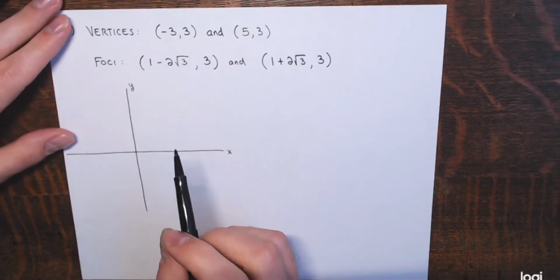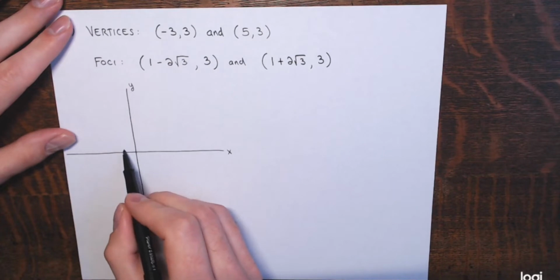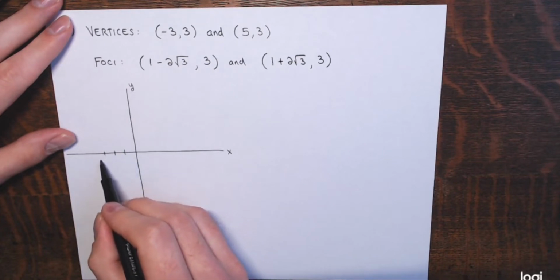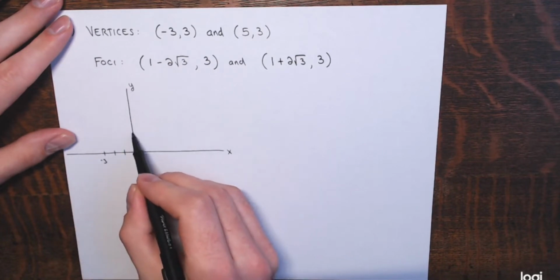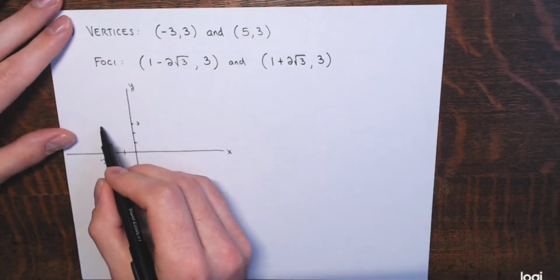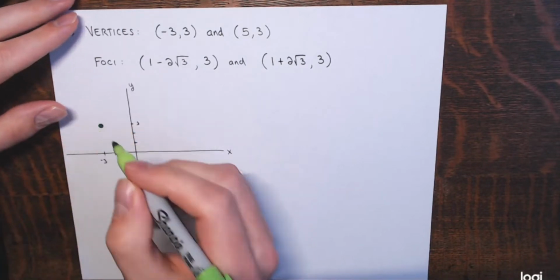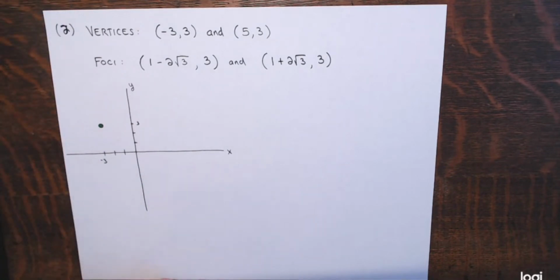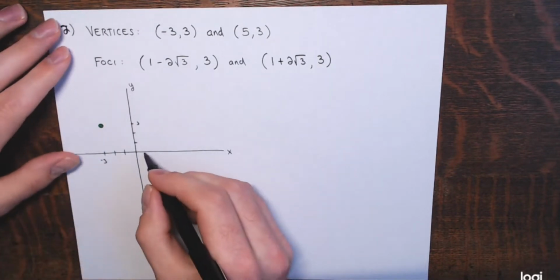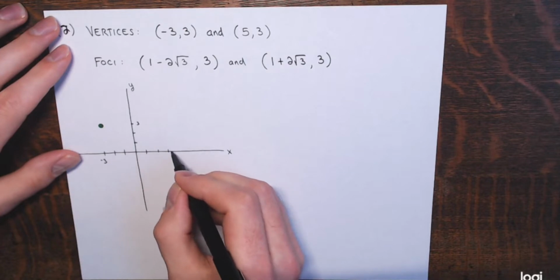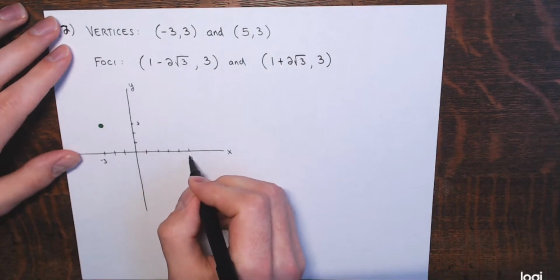Alright, so the vertices are at negative 3, 3. So there's one vertex, and that's actually on the ellipse, right? That's actually satisfying the equation I'm going to write. And the other one's at 5, 3. So 5, 3.